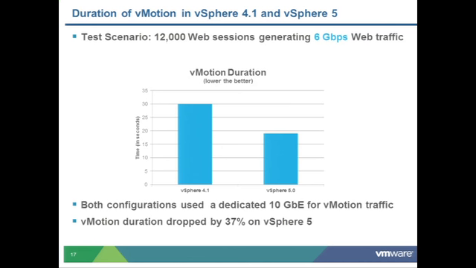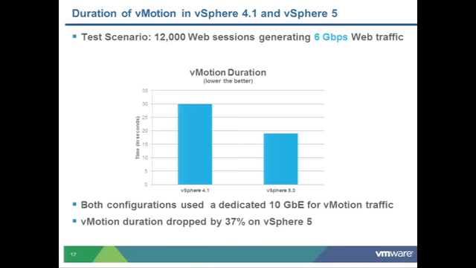Even then, we saw not a single connection drop, and we saw a significant improvement in performance from vSphere 4.1 to vSphere 5. Our analysis showed that the improvement was mainly because in vSphere 5, vMotion was able to more effectively use all the 10 GB bandwidth.